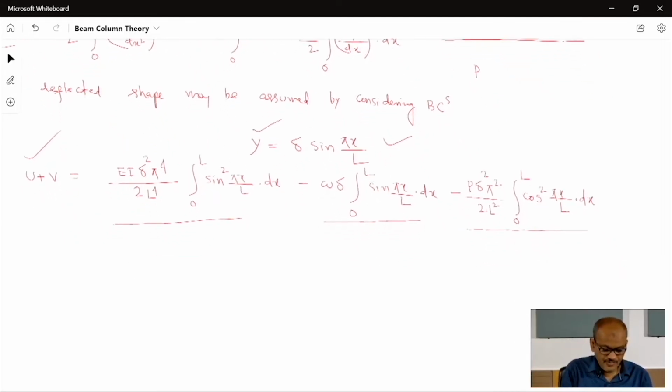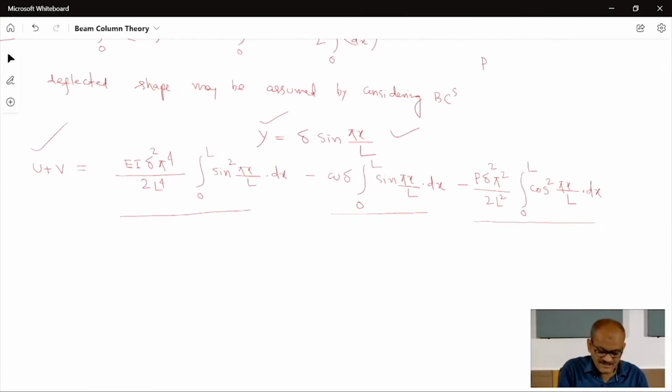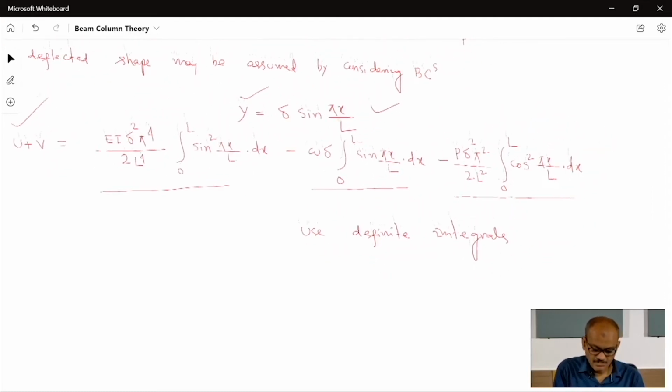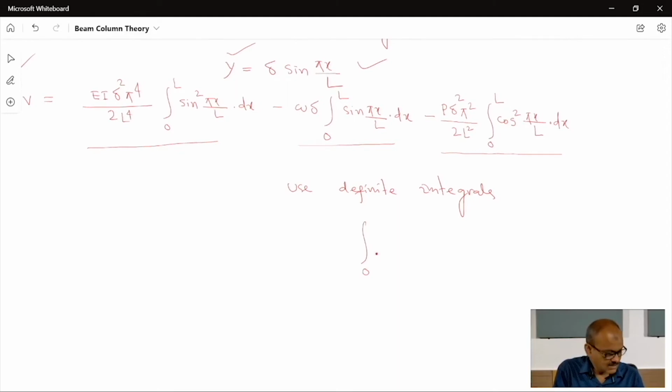Now, if you use the definite integral values, these known values: integration 0 to L of sine square pi x by L into dx.